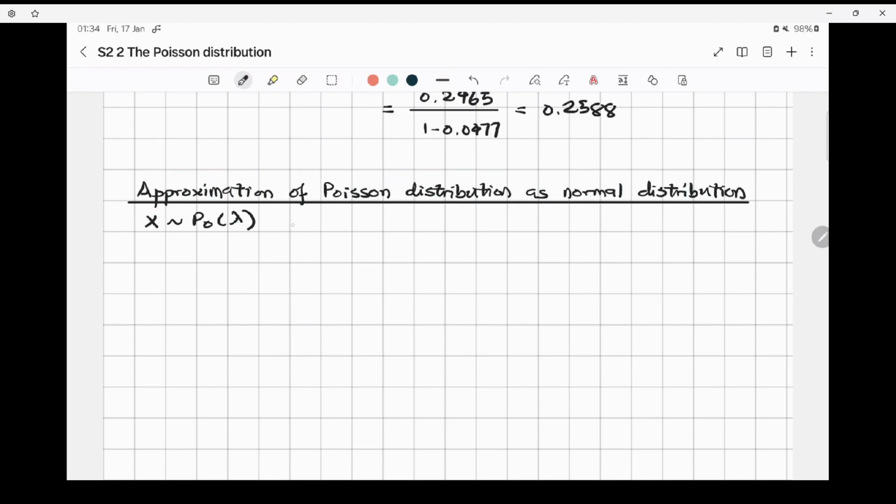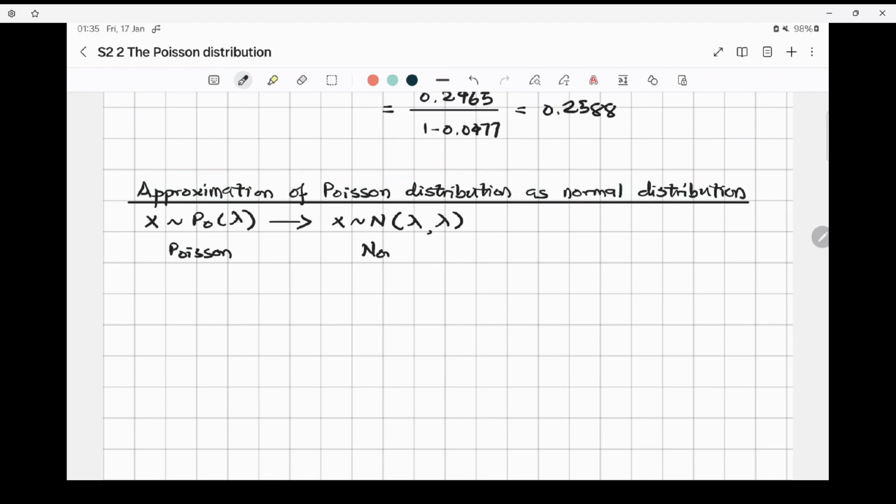In our previous discussion, we already mentioned that for the Poisson distribution, the mean and the variance are the same. So when you approximate from Poisson to normal, you would expect that the parameters will be lambda, lambda.